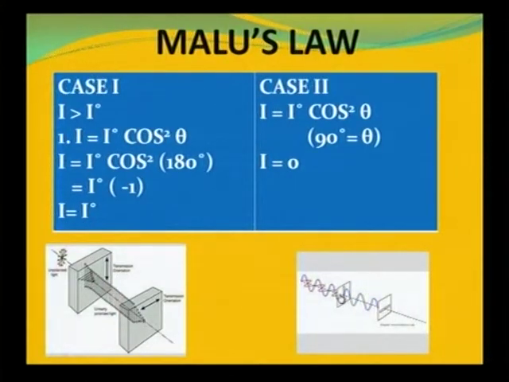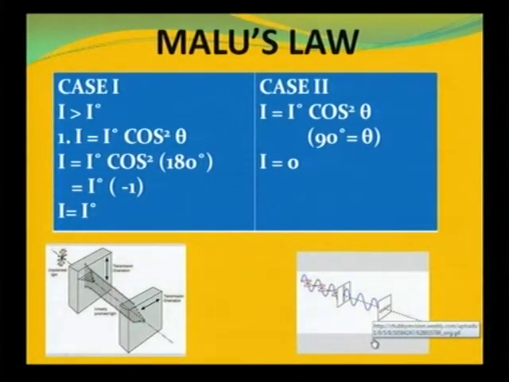And see Sweros, as I have said, the second Polaroid is placed perpendicularly to the first Polaroid. It means the angle between these two Polaroids is 90 degrees. So if you see, theta value is 90, cos 90 is 0, so I equals 0. I equals 0 means there is no light coming out from the second Polaroid. This is what Sweros experimentally proved here.